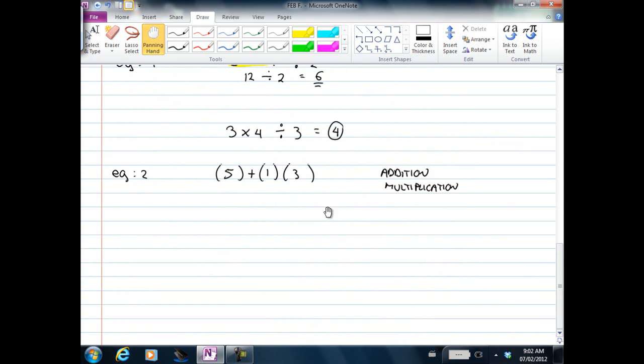Multiply. So guys and gals, what we should have done first is multiply this together right now. 1 times 3, which is 3, 5 plus 3. And Devin, what's your final answer? 8. Very nice. See, first of all, write down what you have and then follow.